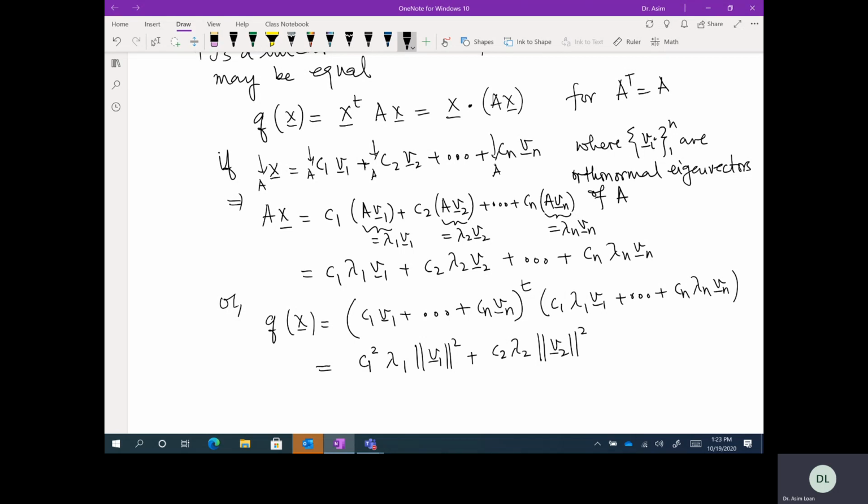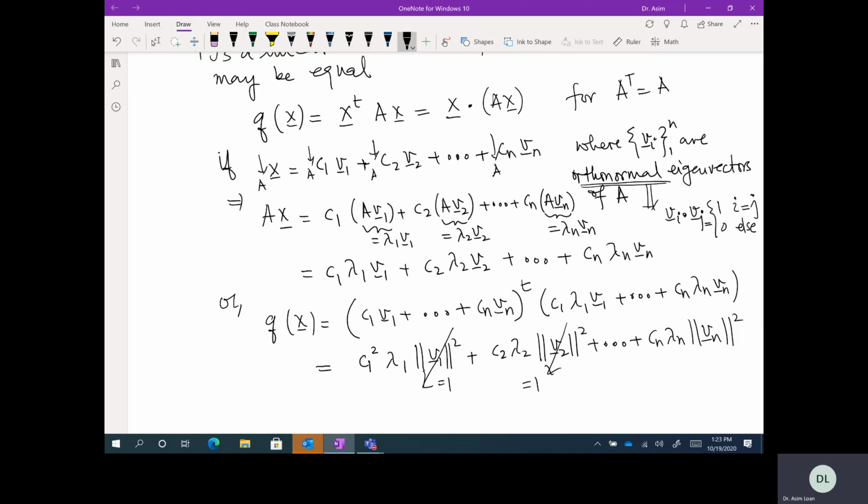The cross products are 0. Why? Because these are orthonormal eigenvectors, so these norms are 1, plus Cn square lambda n times the norm of Vn squared. Orthonormal implies vi dot vj is equal to 1 for i equals j and 0 otherwise.